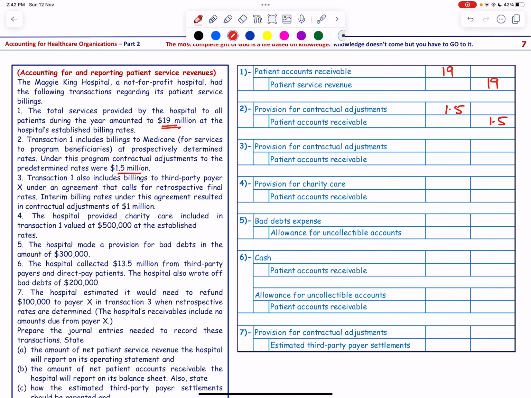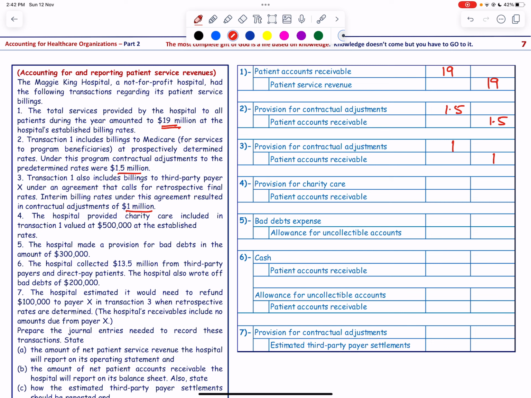Transaction 1 also includes billing to third party payer X under an agreement that calls for retrospective final rates. Interim billing rates under this agreement resulted in contractual adjustment of 1 million. So once again, there is a provision for contractual adjustment, and this is going to be 1 million debit, and patient account receivable credit by 1 million.